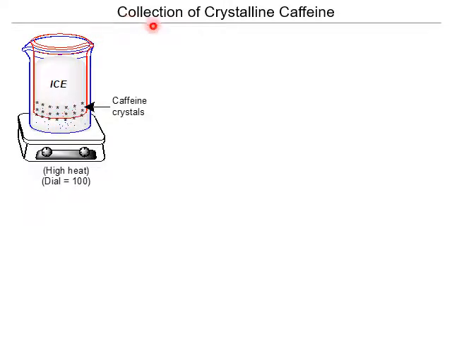So once you remove the small beaker, you use a spatula and put it on weighing paper. You weigh your product, and then you calculate the yield. You can answer the age-old question that you always wanted to know: how much caffeine is in a tea bag, and is it really what they're telling me it is, right?